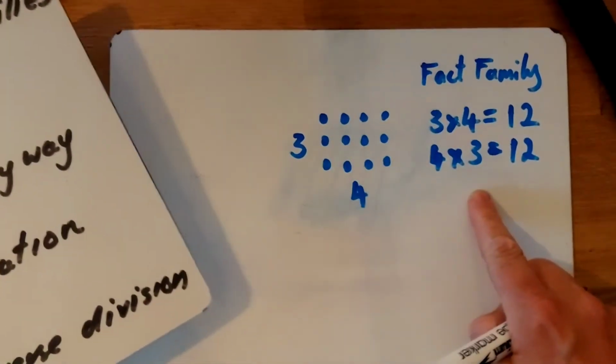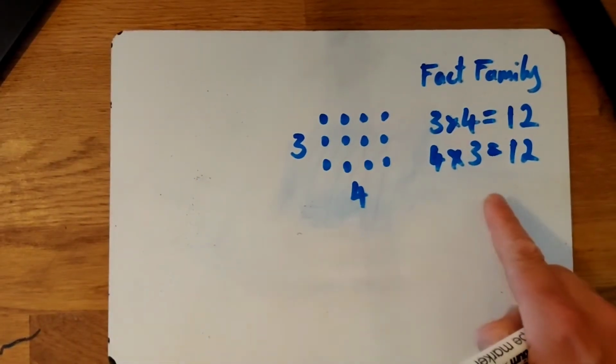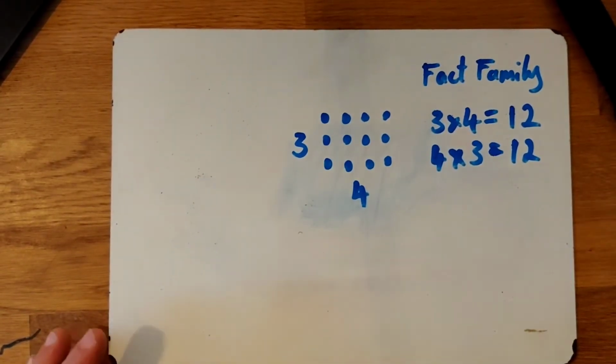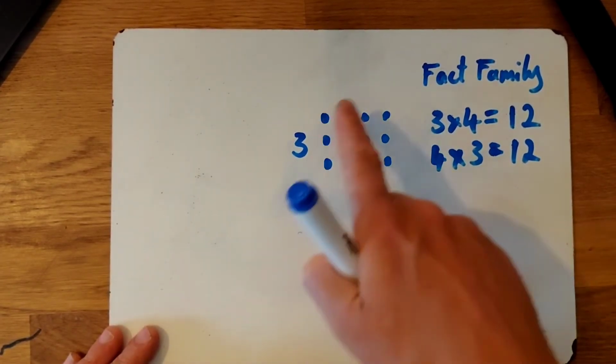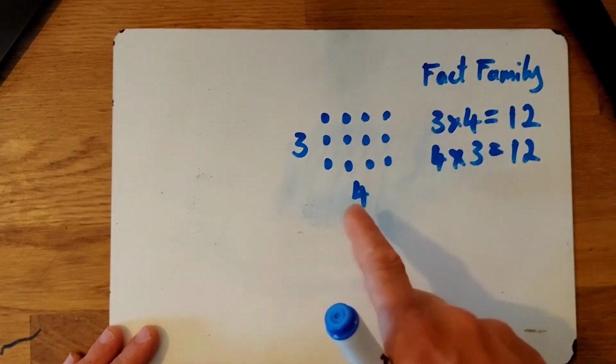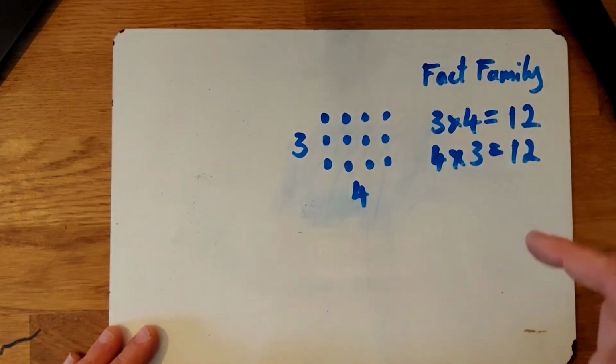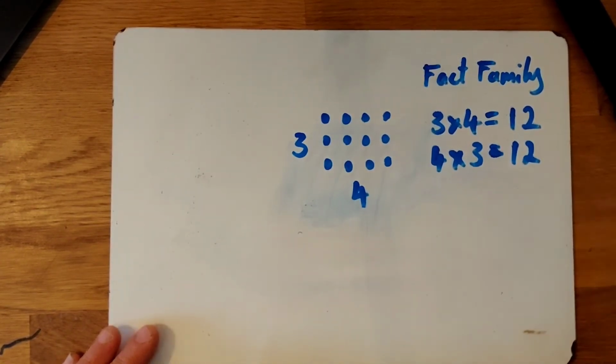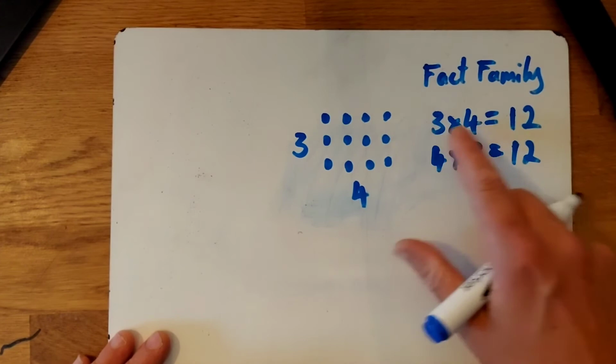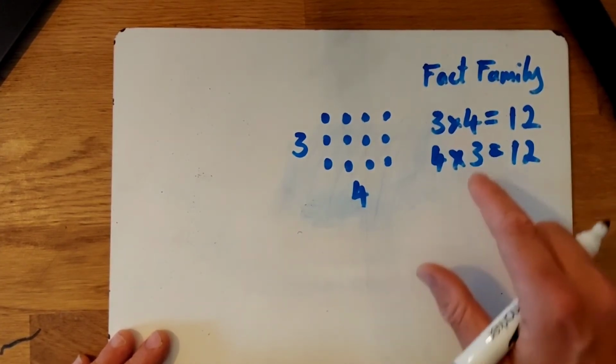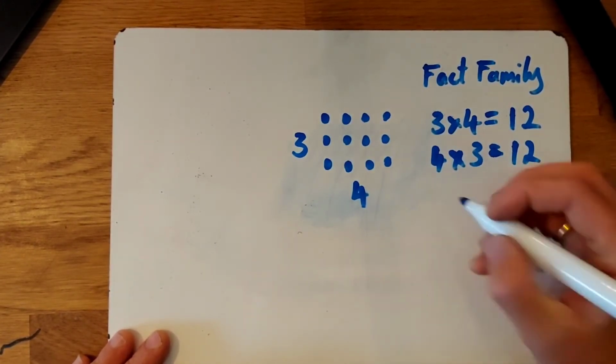So I've done that, but I can make division ones as well. And this is how division and multiplication link, and why we need to understand that these dots in this rectangle or square are so useful for helping us understand maths, because I can then just change the numbers around in these 2 number sentences to make 2 division facts, and that would be my fact family.